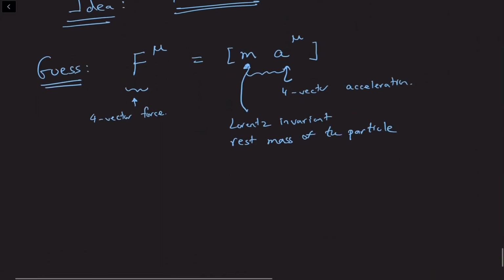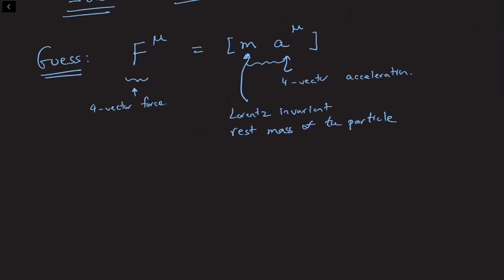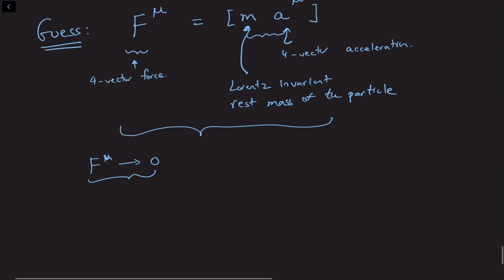Now, rather than try to study this more complicated law, let's study this law in a particular limit where the external forces are 0. That is, imagine a system where I have no external forces, or let's just take a single particle on which we have no external forces, and let's ask what Newton's laws imply.